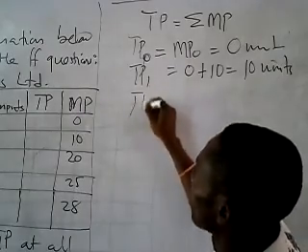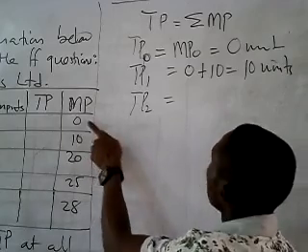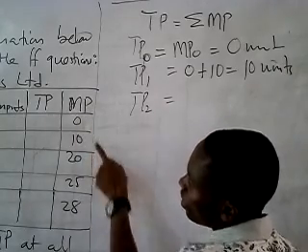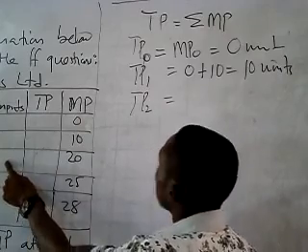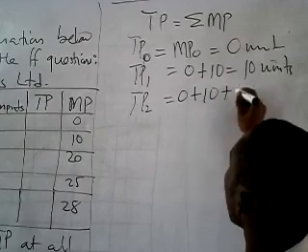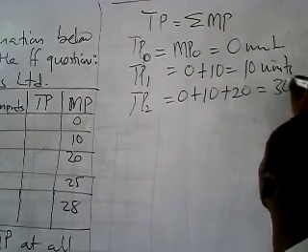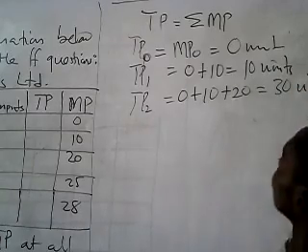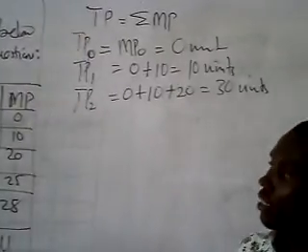The next one, total product 2, is going to be the summation of the marginal product from 0 units up to the second labor or variable factor employed. So it is going to be 0 plus 10 plus 20. Then we will arrive at 30 units, because 0 plus 10 plus 20 will give you 30 units.